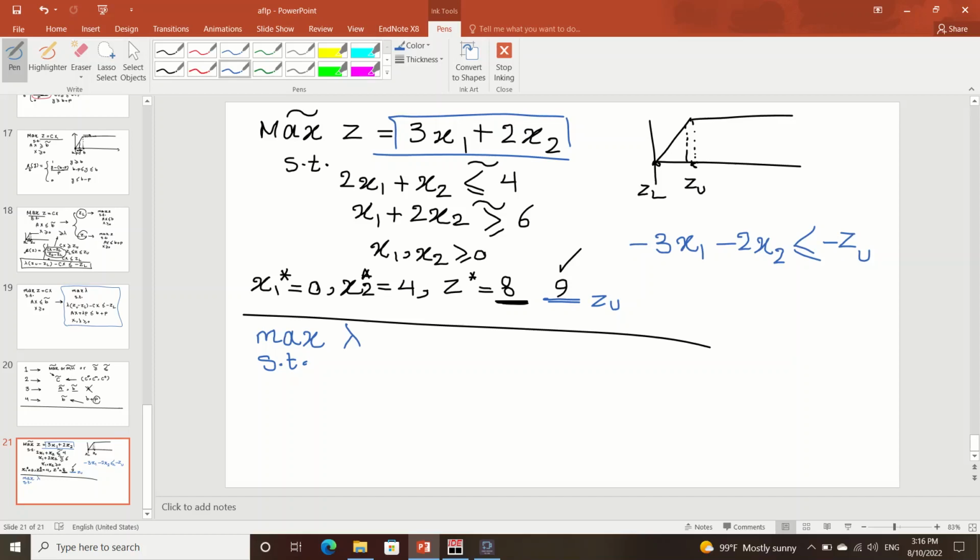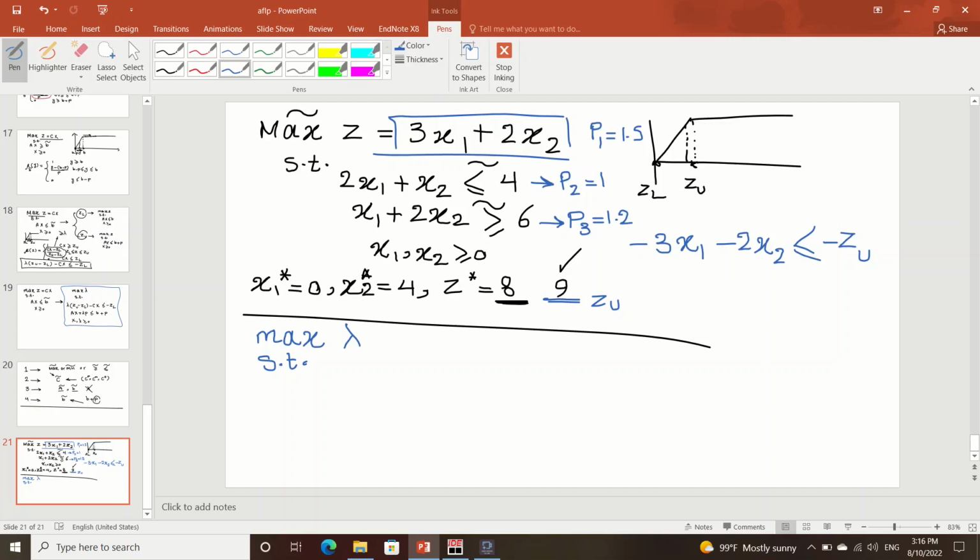And there are allowable deviation or tolerance for every equation. For example, for the objective function, allowable is equal 1.5. For the first constraint, tolerance equals 1. For the second constraint, tolerance equals 1.2. Okay.